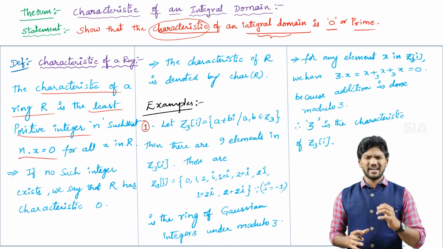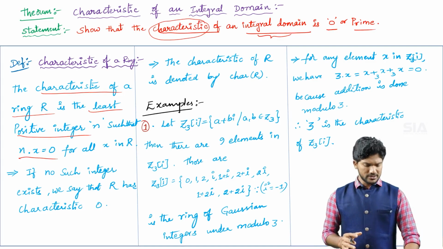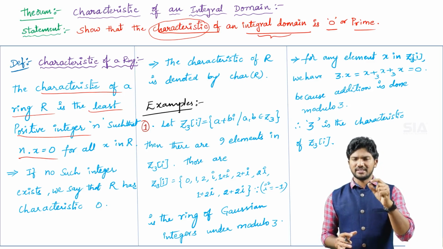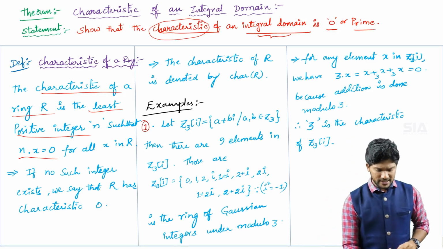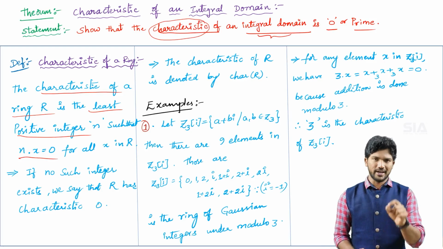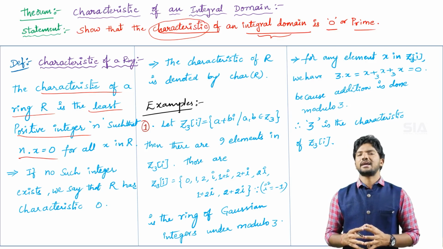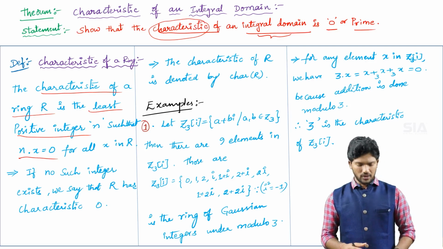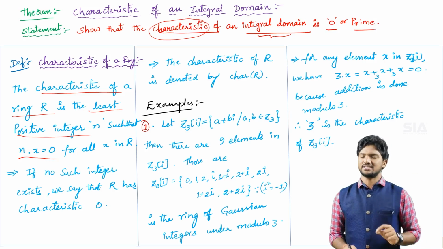That means if you take any ring, such as the ring of integers, complex numbers, or real numbers, and take any element small x, which represents all the elements of that ring, then if you select the least positive integer small n and multiply it with all the elements x, you have to get the identity element. So n into x is equal to 0 for all x belongs to capital R. Here the RHS value is 0, which is nothing but the identity of the given ring under addition.